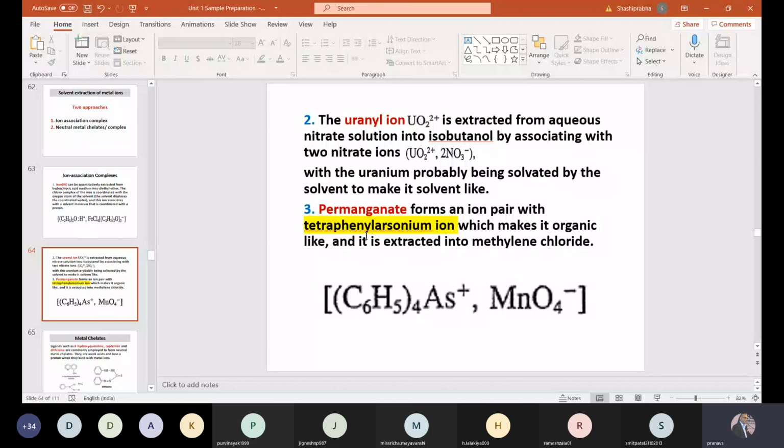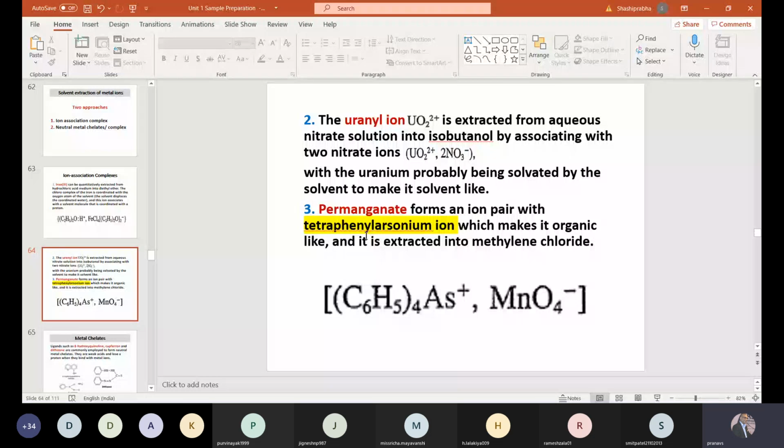And therefore, this whole concept was thought of: this change in color, violet color from the aqueous to the organic phase, is because potassium is getting extracted with crown ethers.